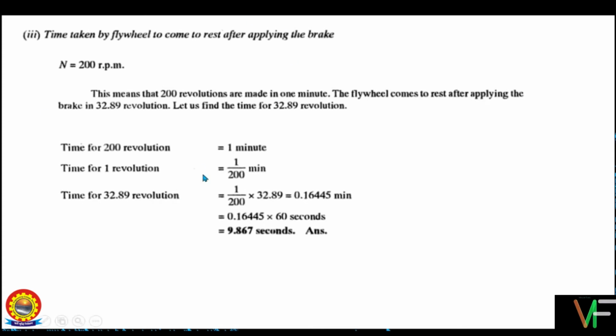So time for 1 revolution will be 1 by 200 minute. Therefore, the time for 32.89 revolutions will be 1 by 200 into 32.89, which is equal to 0.16445 minute. Converting this to seconds, the time taken by the flywheel to come to rest after applying the brake is 9.867 seconds. So this is how you solve this problem.